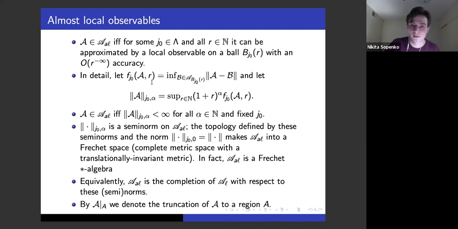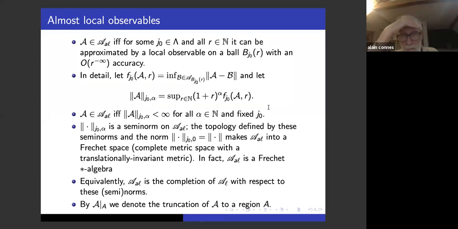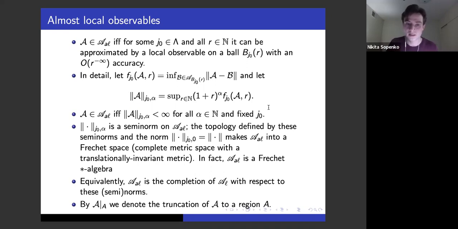So we can define a set of semi-norms for each natural number alpha, and consider the completion of the space of local algebra with respect to these semi-norms, including the natural norm in this algebra. And this algebra forms a Fréchet space, so it's a Fréchet star algebra. I'll explain more why we actually want this algebra, why it's better. But first, let me proceed with defining other objects.